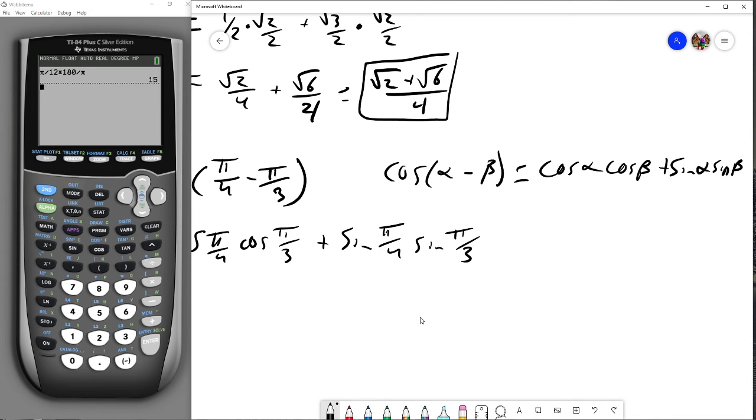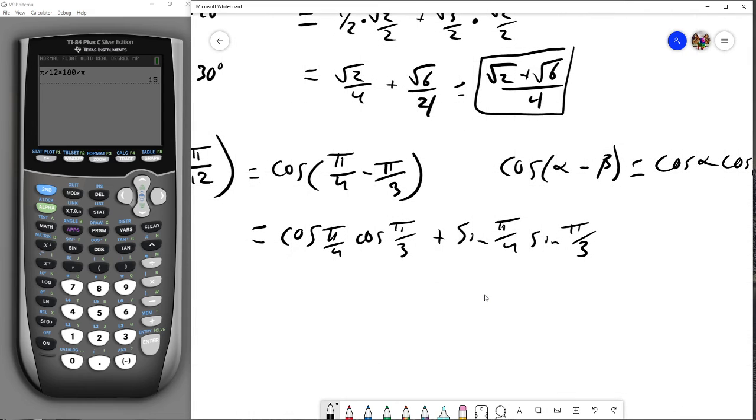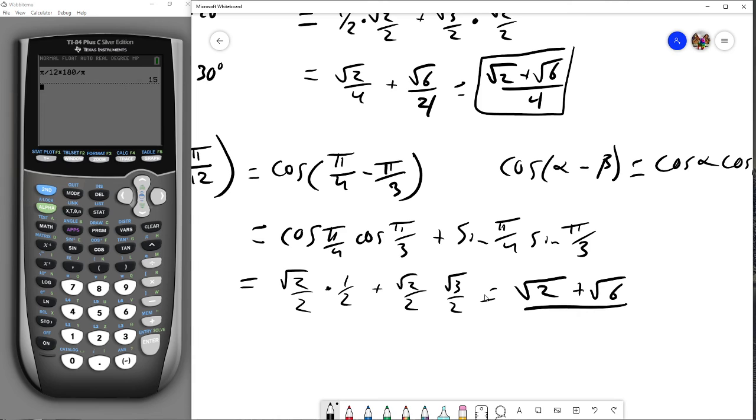Alright. So cosine pi over 4 is square root 2 over 2. Cosine of pi over 3 is a half. Sine of pi over 4 is root 2 over 2. Sine of pi over 3 is root 3 over 2. And so notice we are going to get the exact same thing again. Root 2 plus root 6 over 4. Interesting.